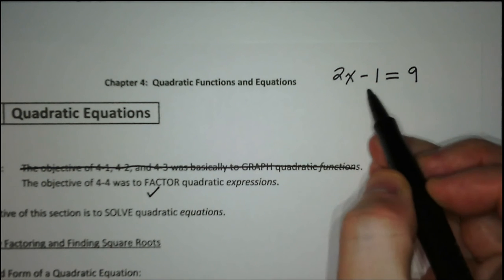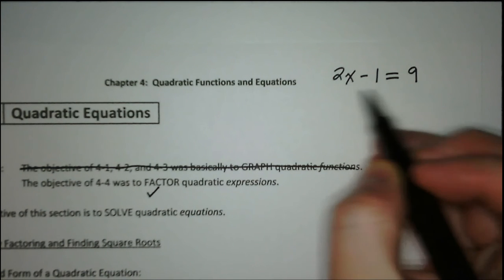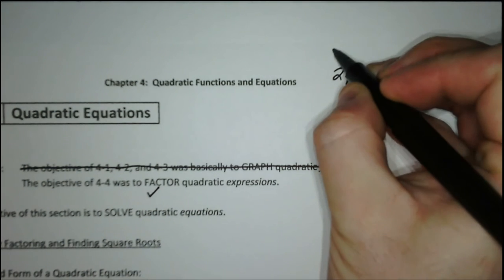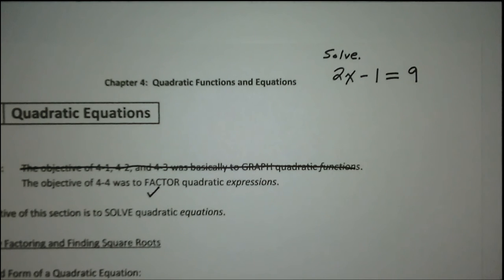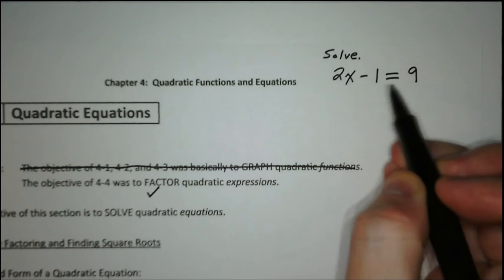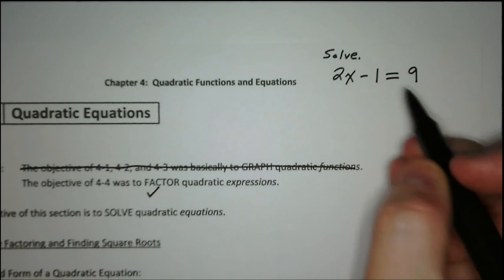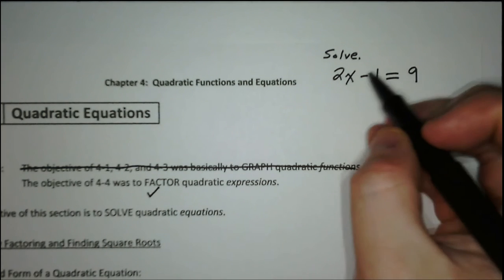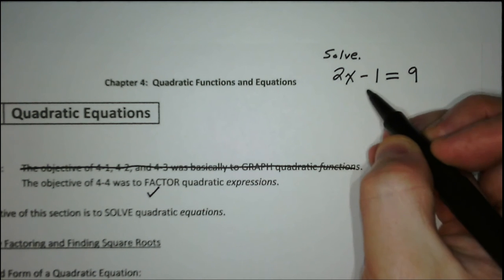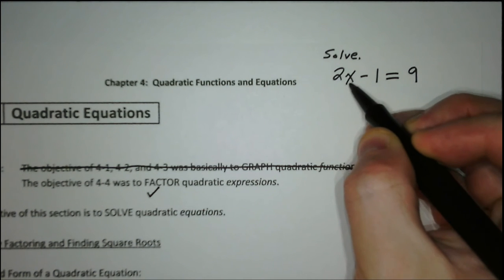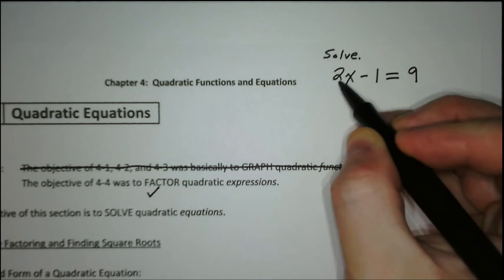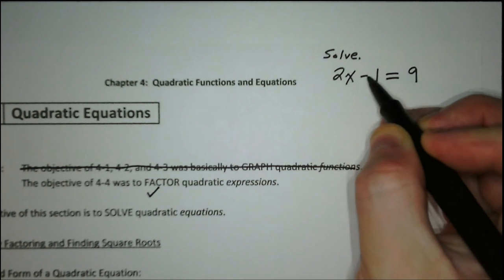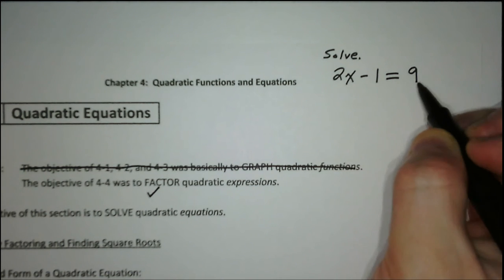Back in 6th grade, 7th grade, you might have been given an equation like this, and you were told to solve it. And when an equation is just like this, all you have to do is get x by itself and figure out what x could equal to make all of this true. Like 2 times what minus 1 would equal 9.